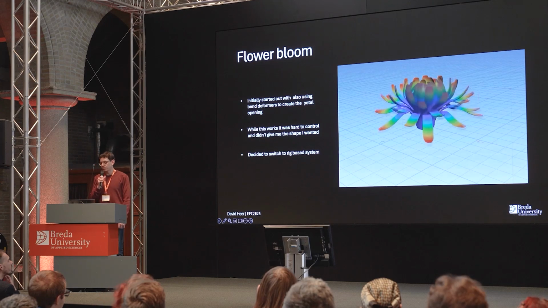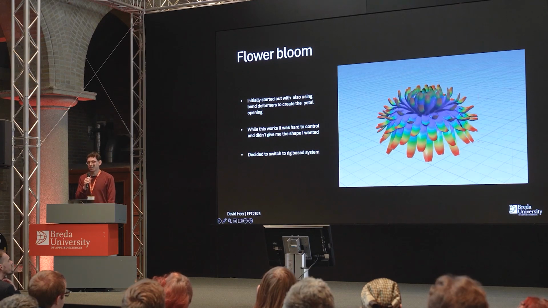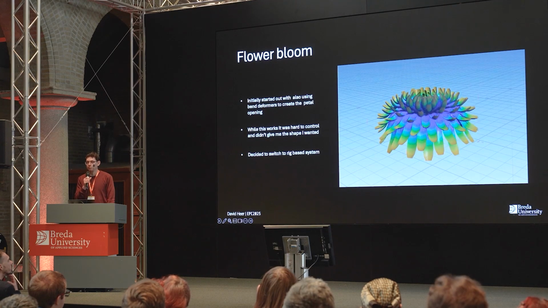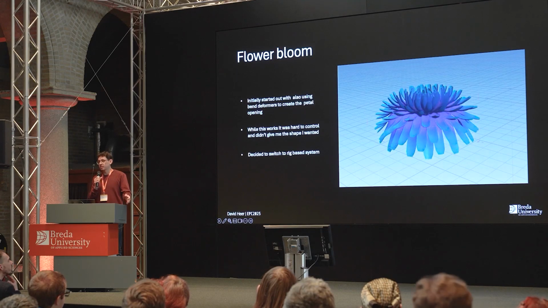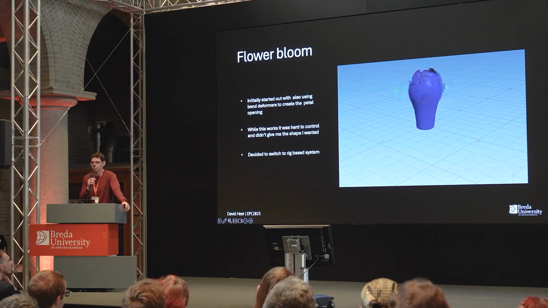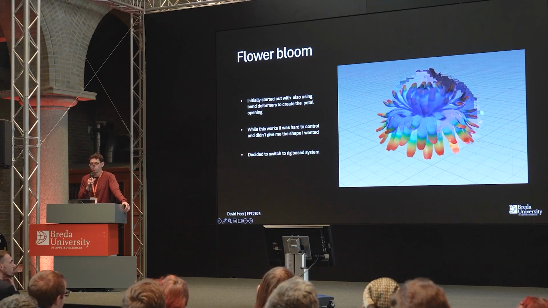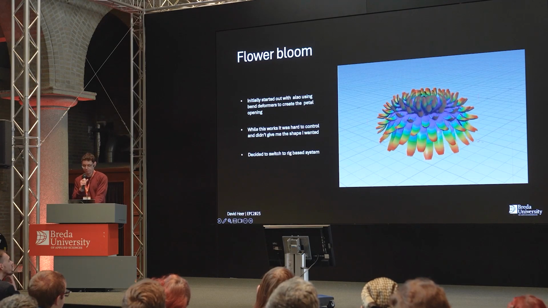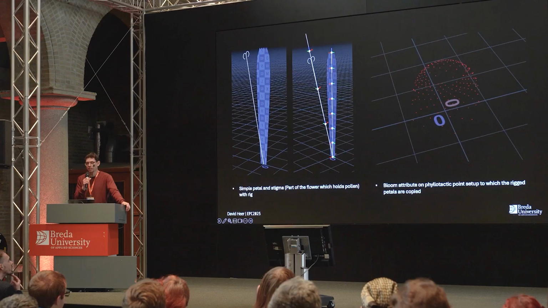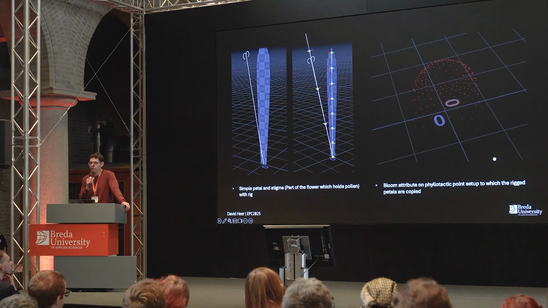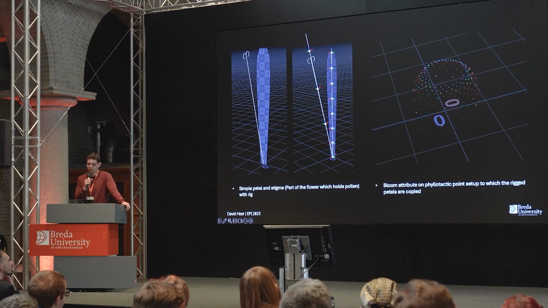For creating the blooming flower, I initially also used bend deformers to control the petal movement. However, this didn't give me as much control over the shape as I wanted, so I decided to switch to a rig-based system instead. In this case, the rig is simply a line for each petal and its corresponding stigma. These then get scattered on points which have an animated bloom attribute.